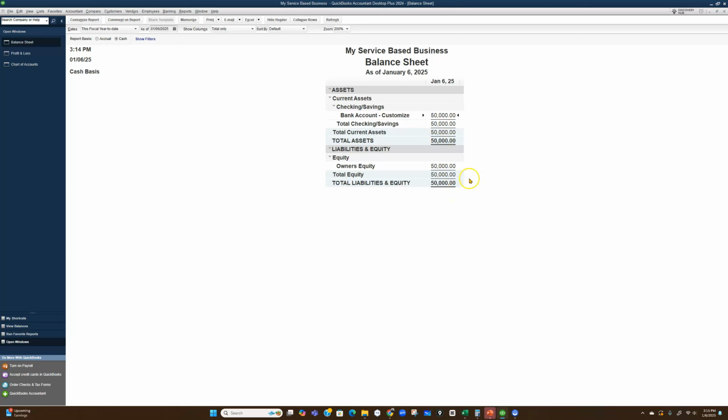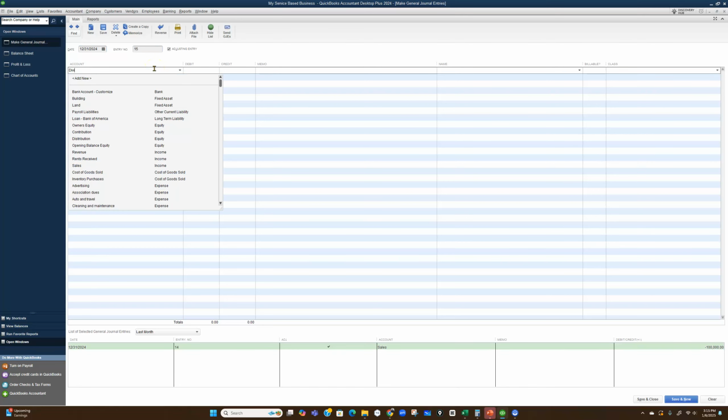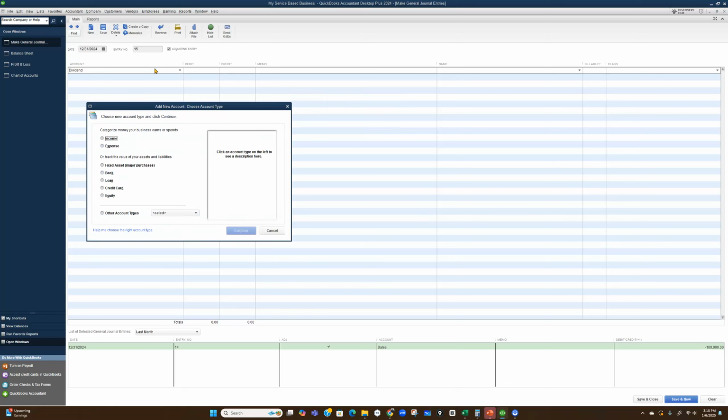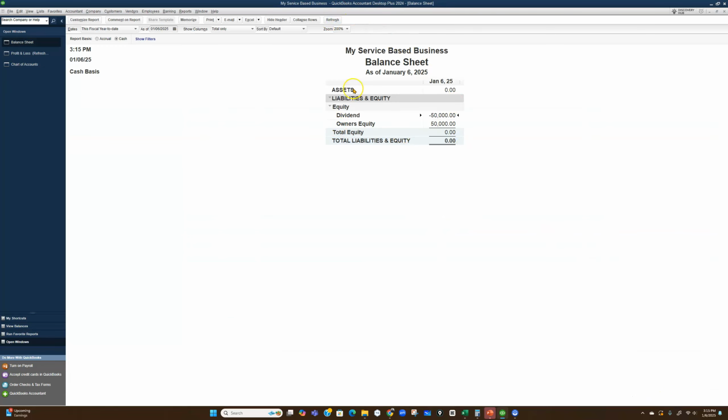Okay. So now if we were a C corporation and we distributed those funds out, we'll make a journal entry and we say we're going to pay ourselves a dividend of $50,000, then our offset is our bank account of $50,000. So now if we look at our balance sheet, we don't have any more cash.